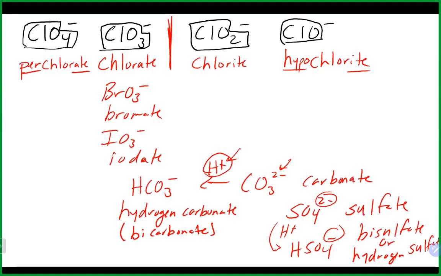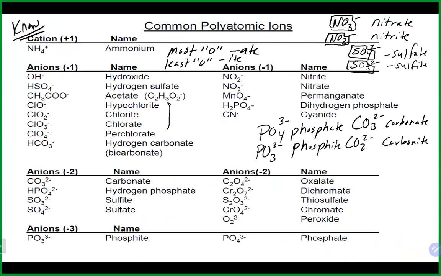Now when you look at this chart, there are some polyatomic ions that do have prefixes built into their names, like we see here dihydrogen, dichromate, and so forth. So this is the one place I was talking about earlier where it is possible that you could have a Roman numeral and a prefix together, and it's only because the prefix is actually part of the name.